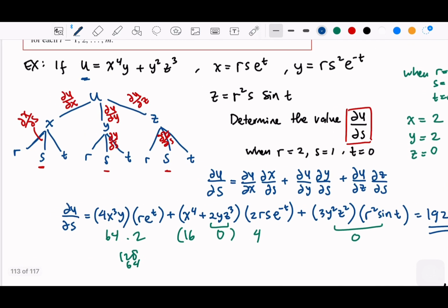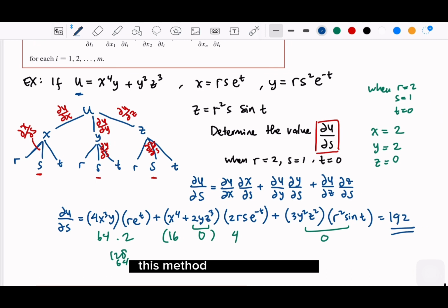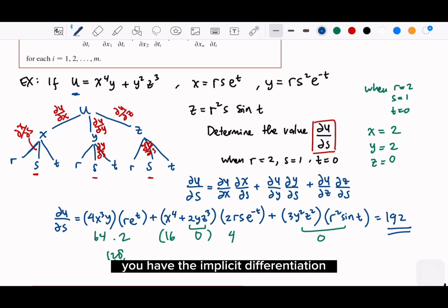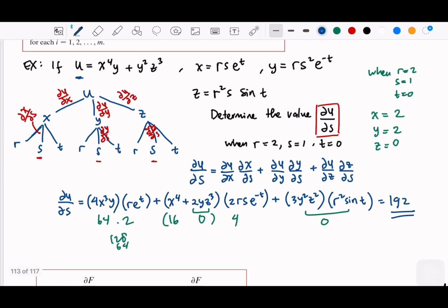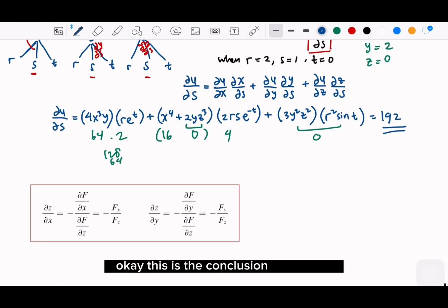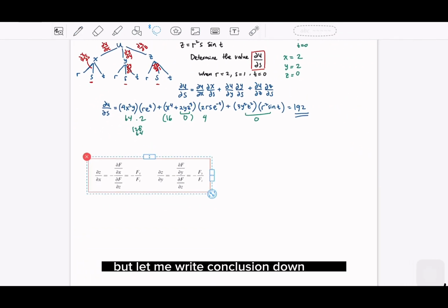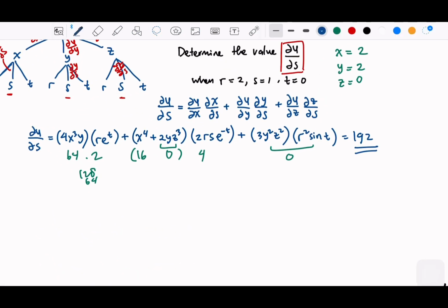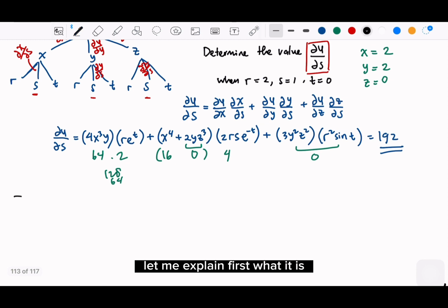And this method, this diagram, is also helpful for developing other techniques as well. For example, if you remember in calculus 1, you have the implicit differentiation. You could have this similar implicit differentiation in partial derivatives. The difference is we are going to have more variables. Let me explain first what it is.